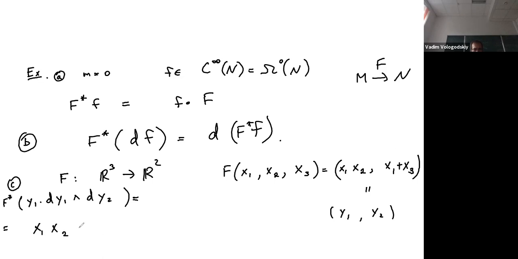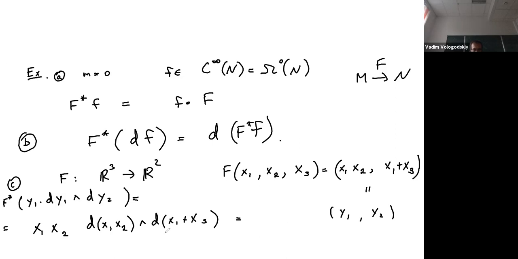So this will be d of y1, which is again x1 x2. And then I have d of y2. y2 is x1 plus x3.